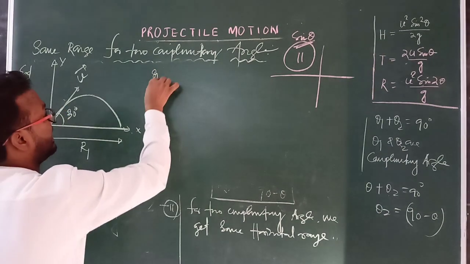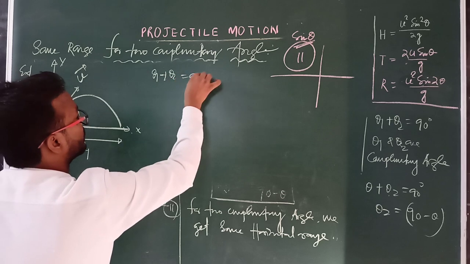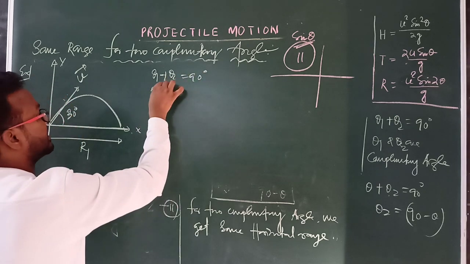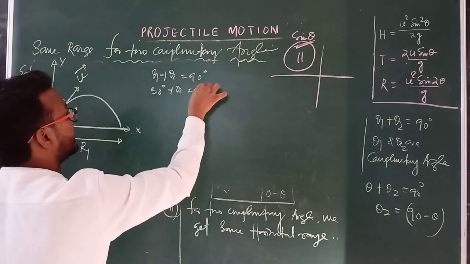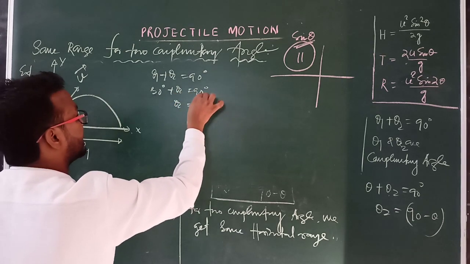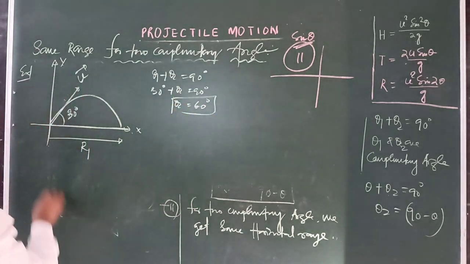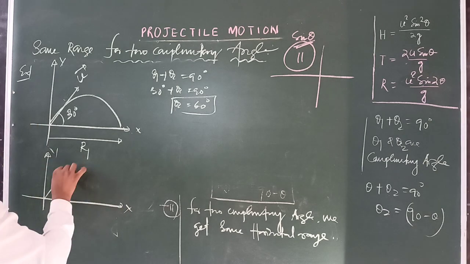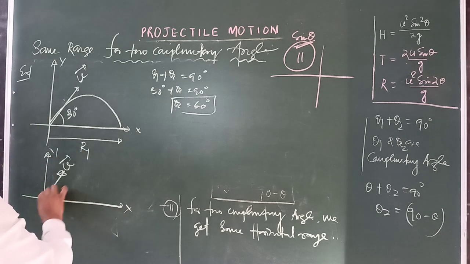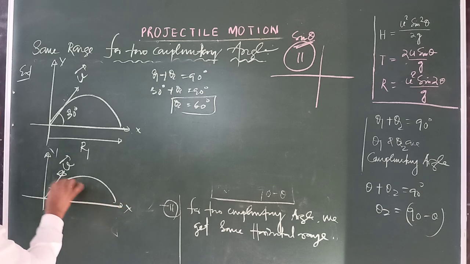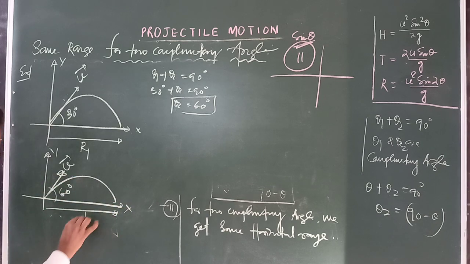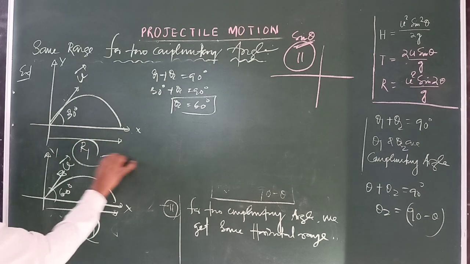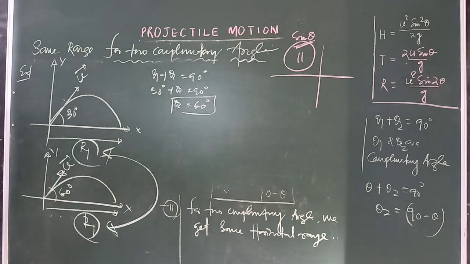What is a complementary angle? Theta 1 plus theta 2 equals 90, and theta 1 is here 30 degree, plus theta 2 equals 90. So theta 2 equals how much? That is 60 degree. So in this case, if we project this projectile into space with initial velocity u, but this angle should be 30 degree, at that time we get this horizontal range also R1, which means these two horizontal ranges will be equal.